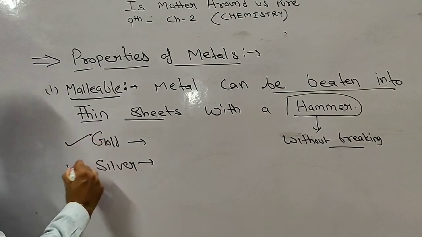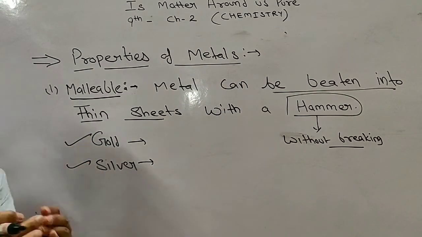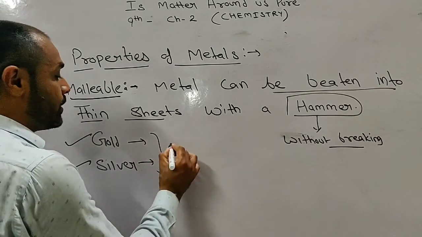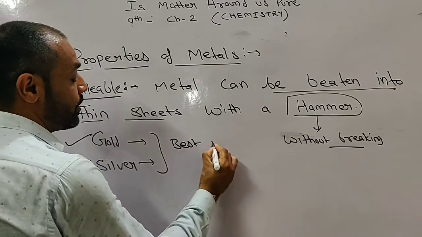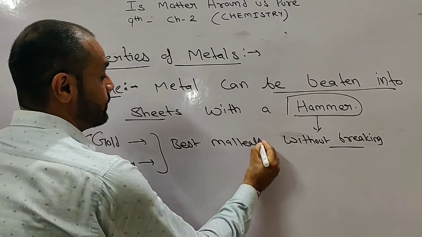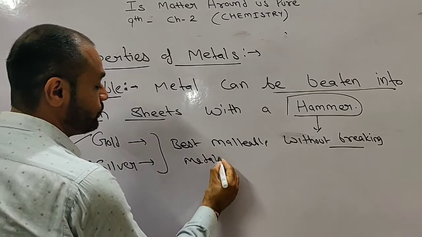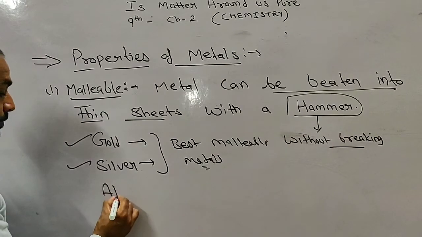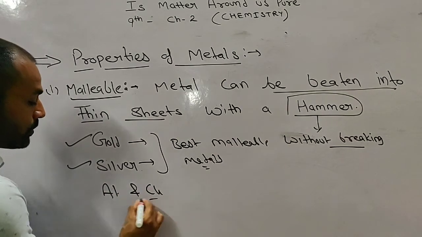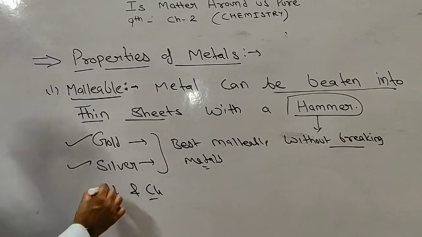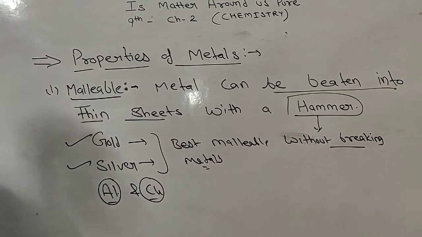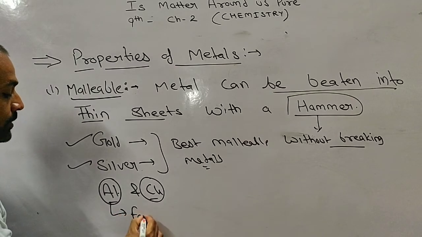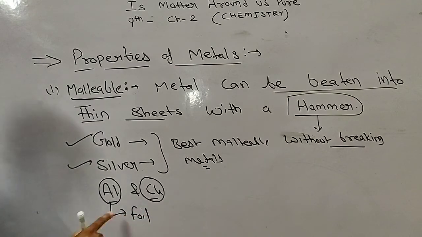The best examples are gold and silver. They are the most malleable metals. Apart from this, aluminium and copper are also very malleable. Take aluminium, you must have heard about aluminium foil.